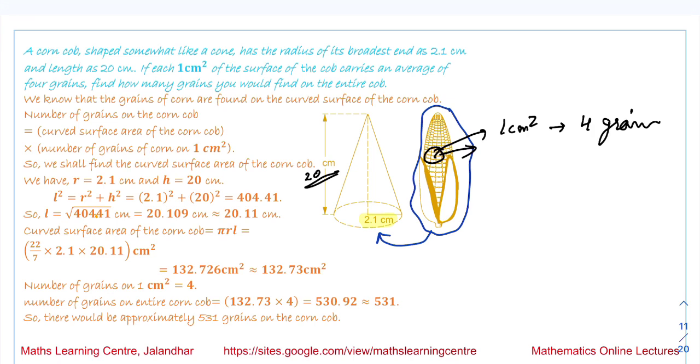So we know that the grains of the cob are formed on the curved surface area of this cone. So we have to find the curved surface area. To find it, we have to find the slant height, and the value of this slant height will be square root of 2.1 square plus 20 square, and the answer we will get is square root of 404.41.